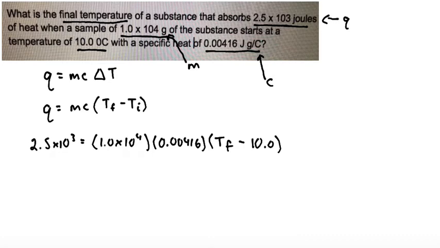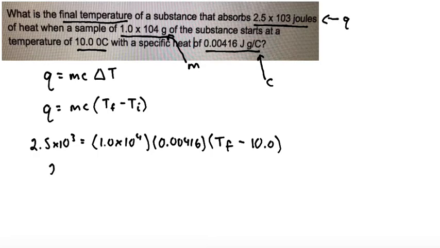So to simplify, we can multiply our 1.0 times 10 to the 4 with the 0.00416, which is 41.6.